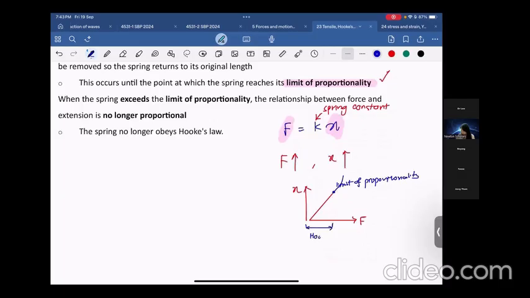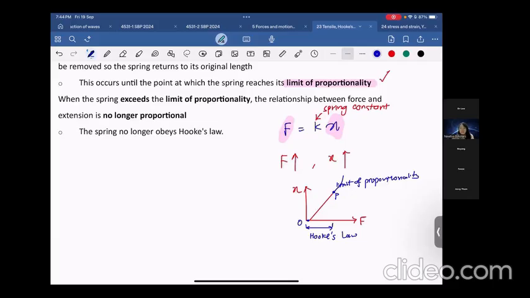Okay, Hooke's law is applied. Before we exceed the limit of proportionality, let's say here is O, and here is P. So for O to P, before we touch or exceed the limit of proportionality, this region OP obeys Hooke's law.